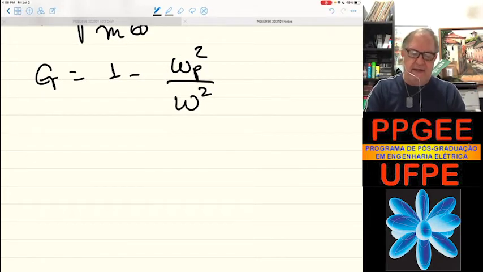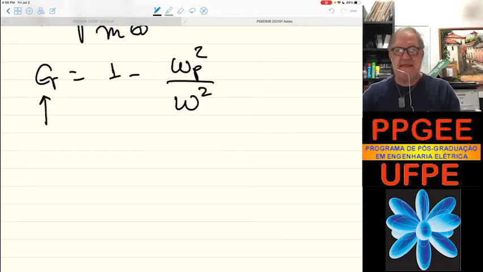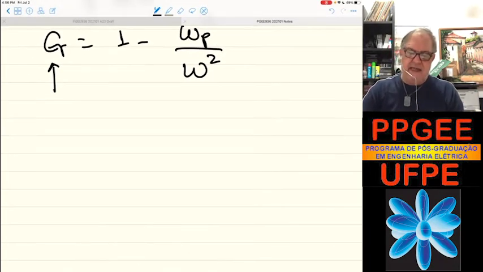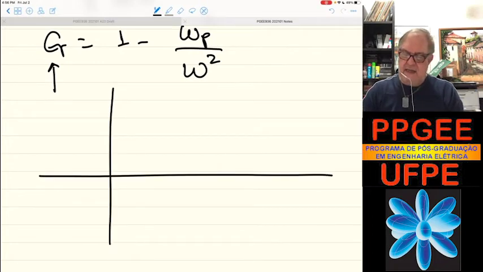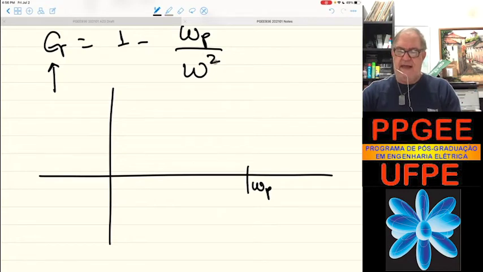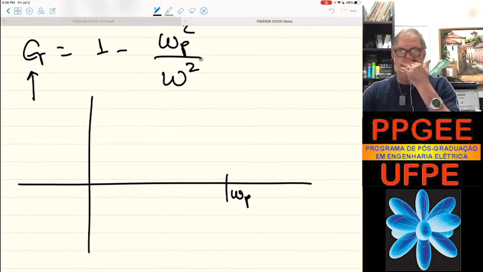If you look in metals at high frequency, it's as if it had a relative permittivity given by this function. And if you look at this function, it crosses zero for omega equals omega p, the plasma frequency, which is very high. The permittivity equals 0. For omega going to infinity, it goes to 1, right?